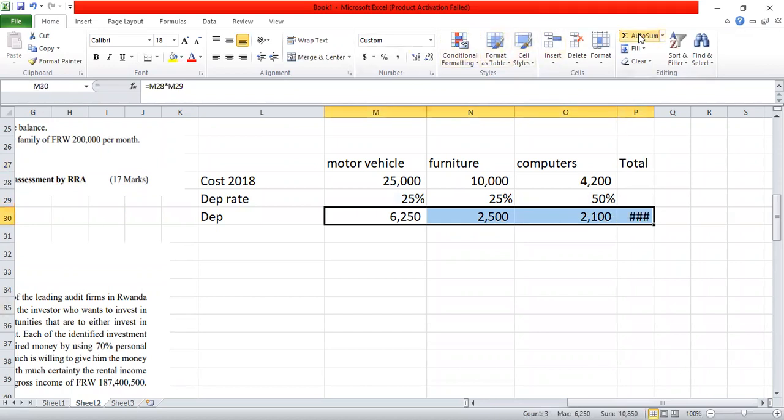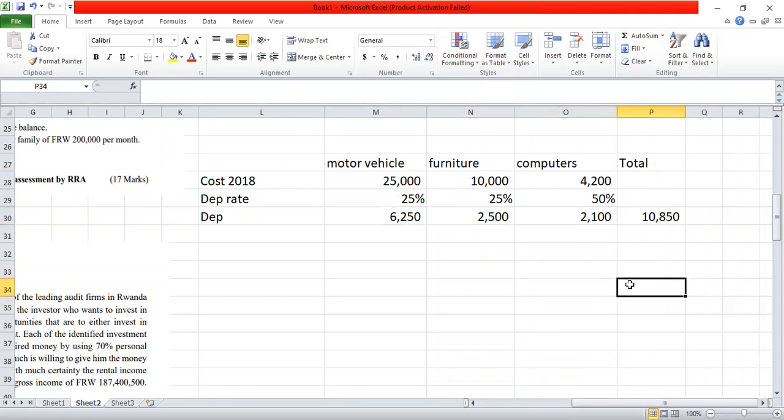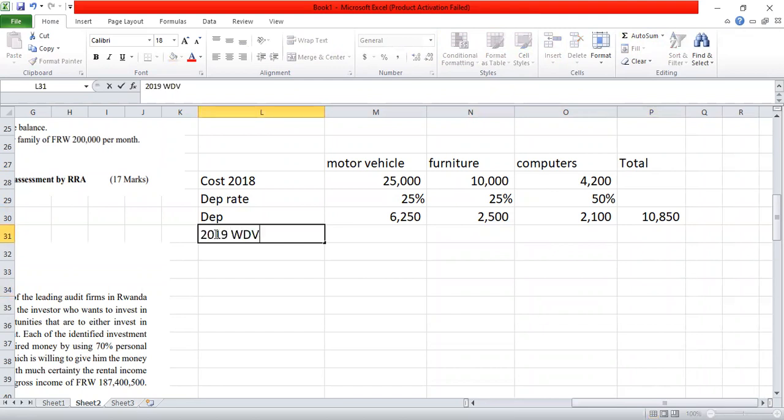What we need is the depreciation in 2019. So if we come to 2019, we are going to recognize the written down value. So the written down value here will be this minus this.